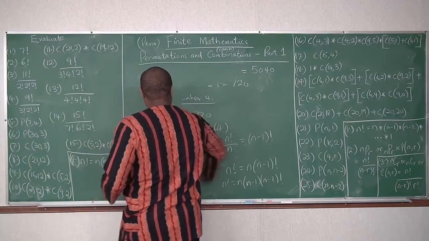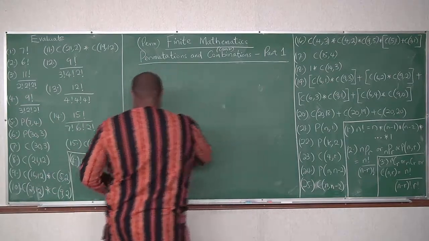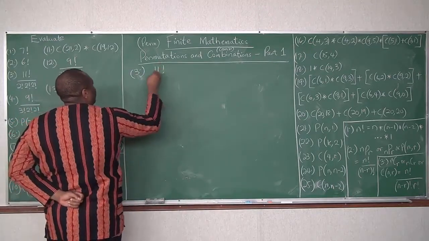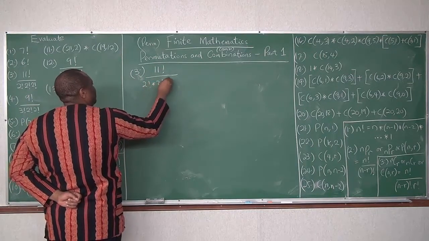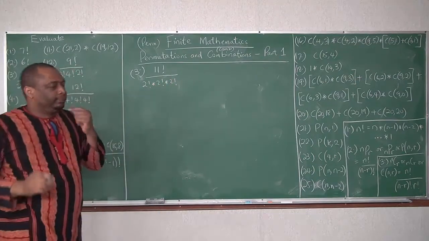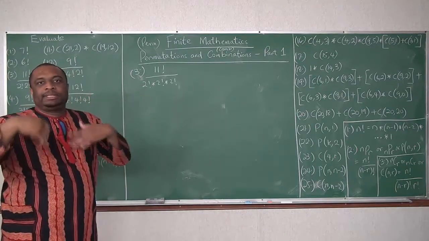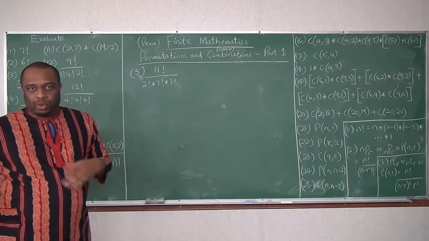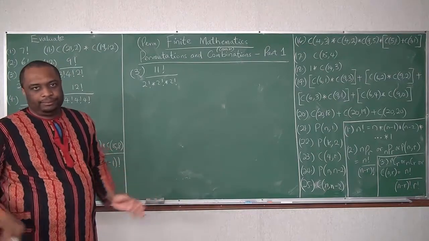Let's do question 3. Question 3, we have 11 factorial over 2 factorial times 2 factorial times 2 factorial. Okay, look up. We know that 11 factorial is 11 times 10 times 9 up to times 1. We're not going to write up to that.